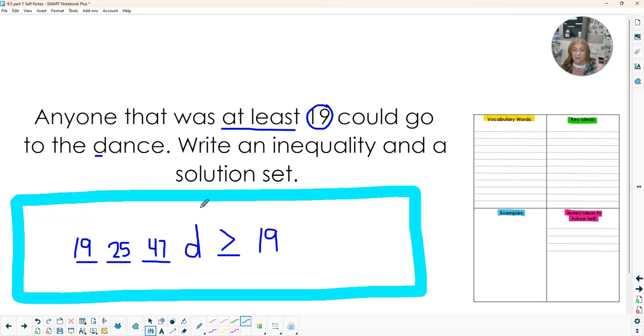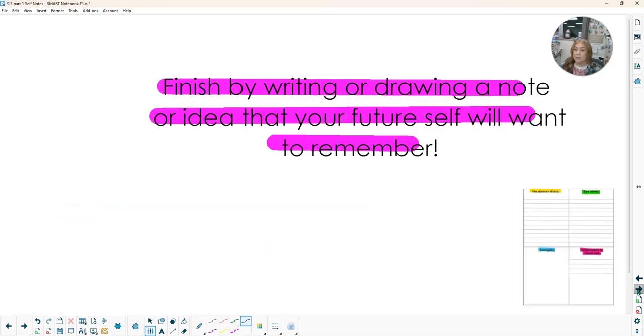So I find my variable, find the number I'm comparing, set it up. I write my 3 solutions, thinking about my keywords and asking if it can equal that number. And then I fill in my symbol here. So go ahead and write yourself a note about something you can remember about writing inequalities.